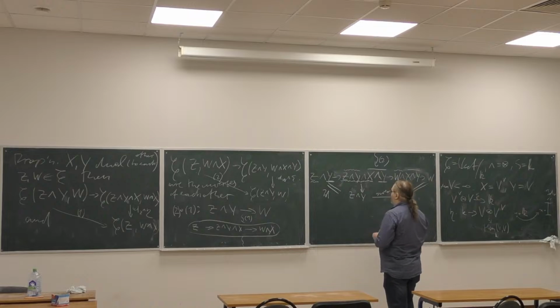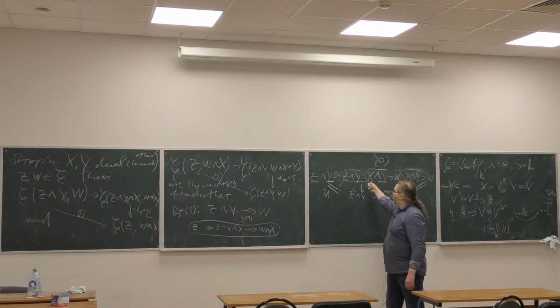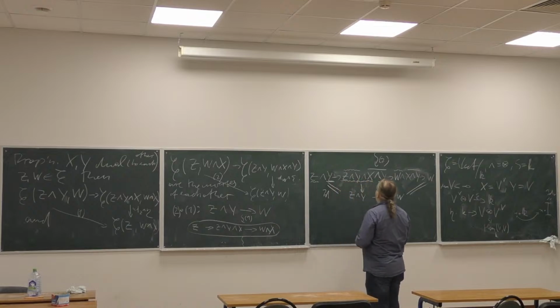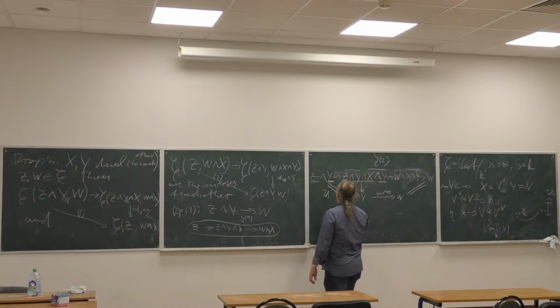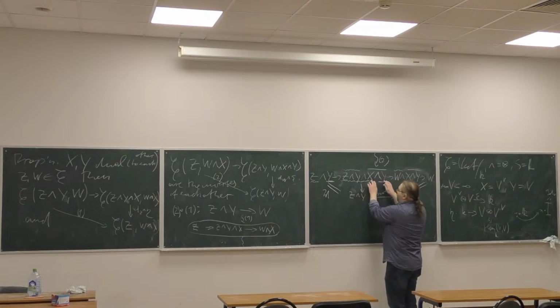Okay, so the composite arrow going from here to here and then here is: first we apply the co-evaluation on the left of Y, tensored by the identity of Z. And then we apply the evaluation to the last two factors.